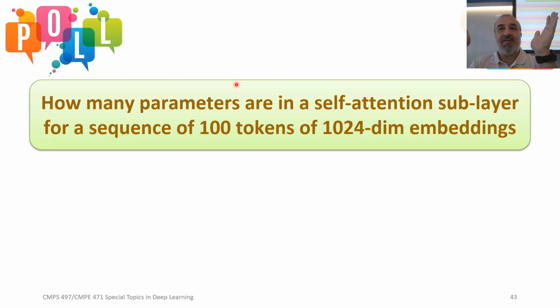That's for one of them. Then we have how many of these? We have 3: keys, queries, values. Same thing. So multiply by 3. That's the number of the parameters, right?